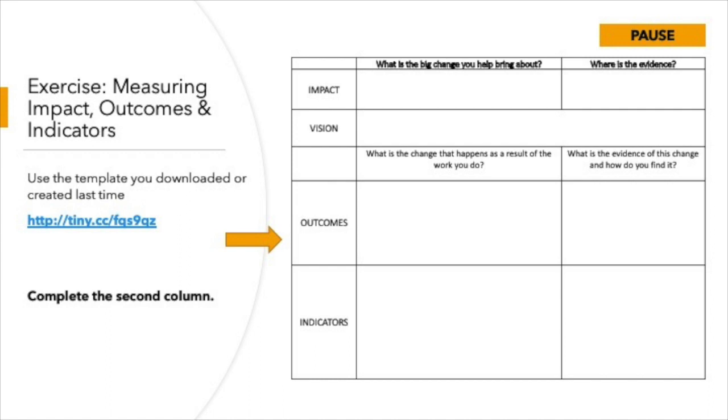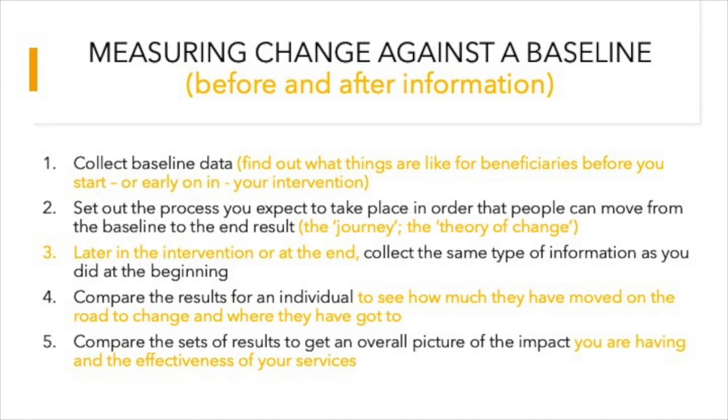List these things in the second column, including any measurement tools you don't use yet but can see yourself using. Pause the video to give yourself time to do this exercise.